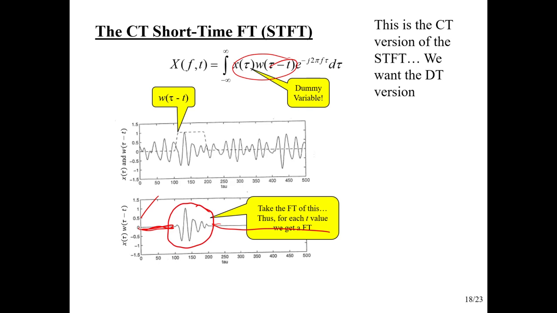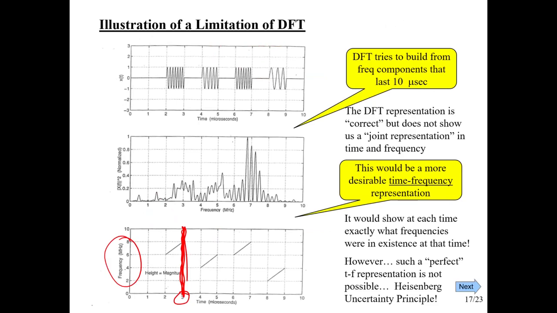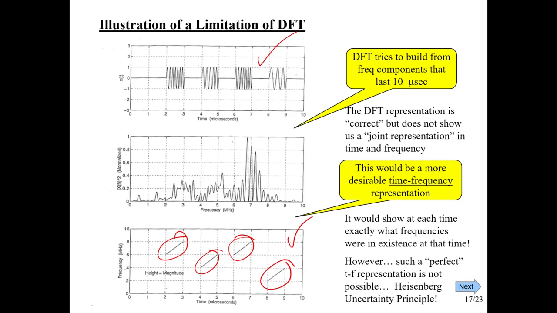So this is just a mathematical mechanization of that idea of collecting a certain chunk of data and taking a Fourier transform, except now we can do it for a bunch of different values of t. In fact, we can let t sweep over a continuum, and we can get a plot that resembles this, but we won't get these nice sharp knife edges if we were doing it to this signal. We'd get some smearing, right?